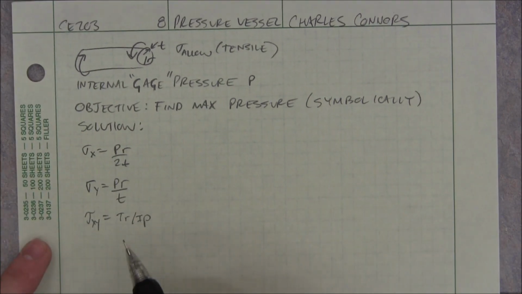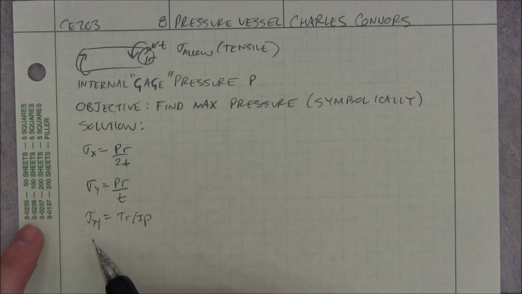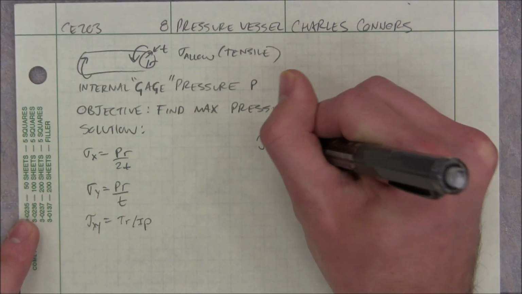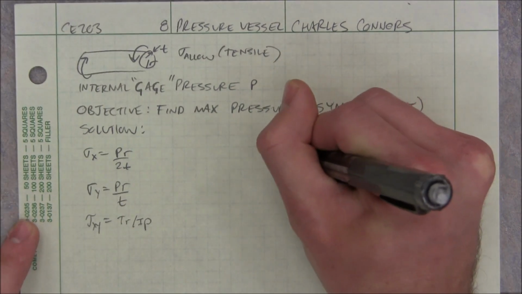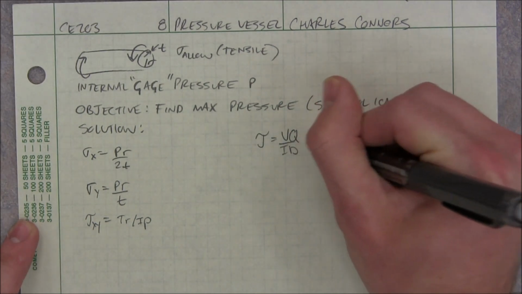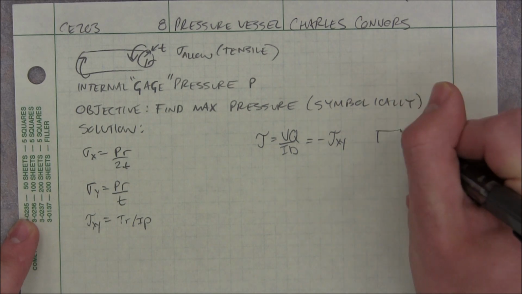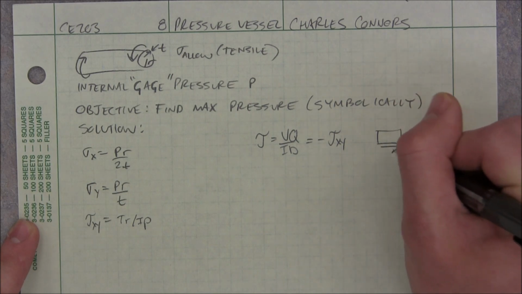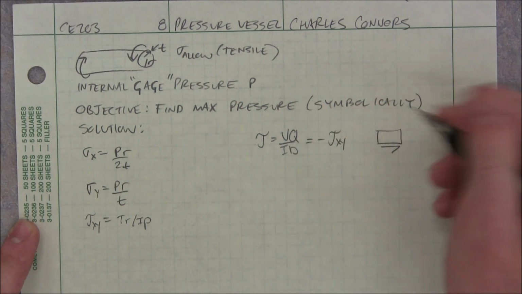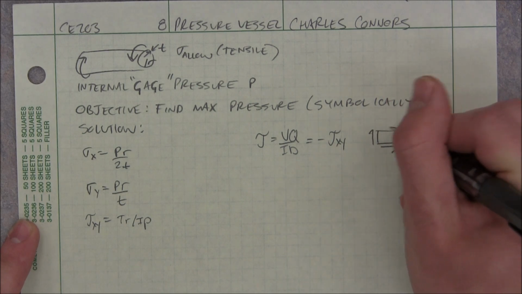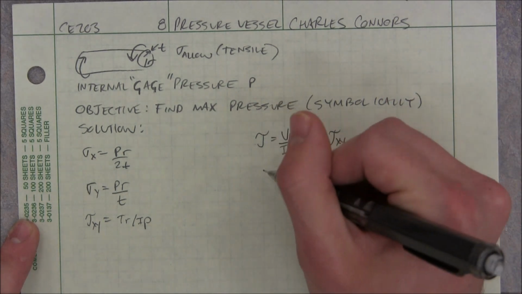Now, in the last video we talked about our equation tau equals VQ over IB and how that was negative. If you haven't seen that one, go watch it real quick. And we just do a little comparison real quick. VQ over IB ended up equaling a negative tau xy, because our bottom face was defined as positive tau for this formula, and that ends up being a negative tau xy orientation.